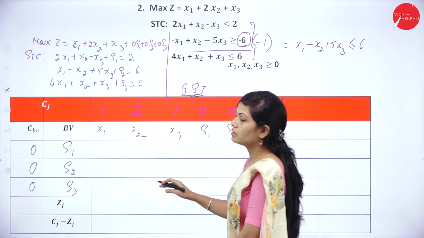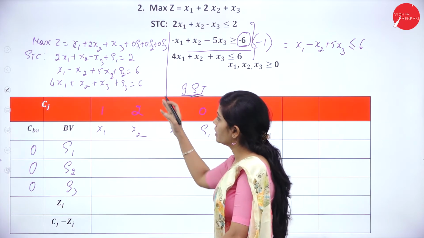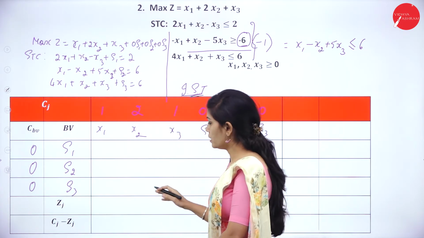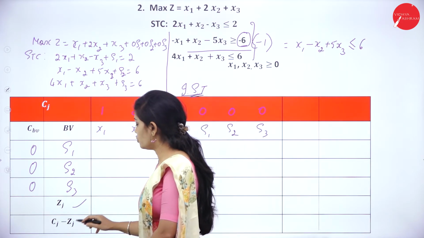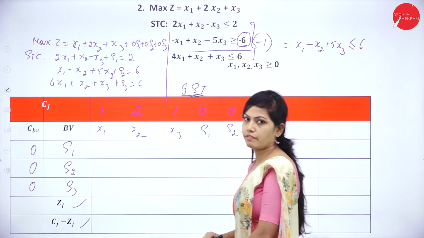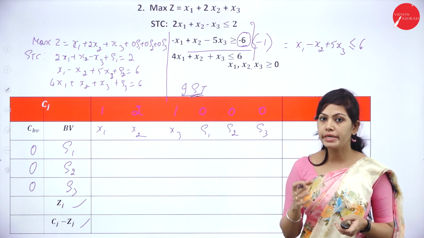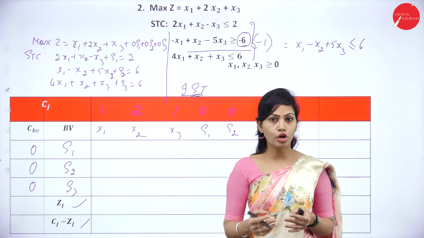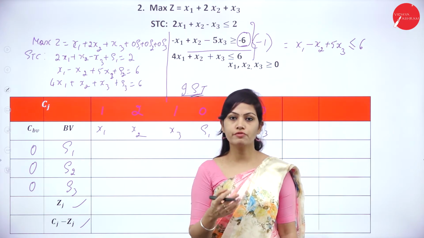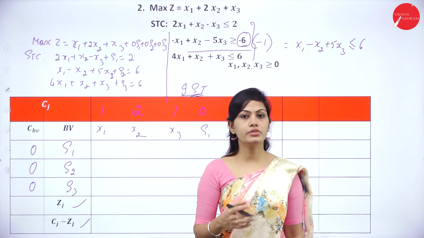Just write the coefficients of equation number 1, equation number 2 and equation number 3. Then find the Zj value and the Cj minus Zj value. You just check whether this is satisfying the optimality condition or not. If it is not satisfying, you can move further to the next iteration, iteration number 1.